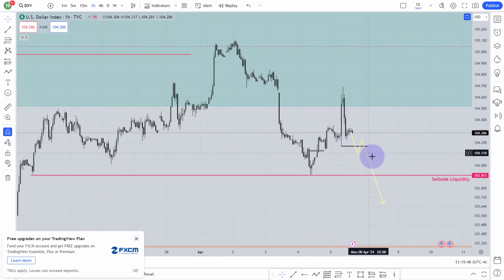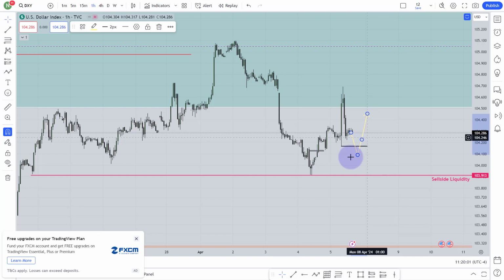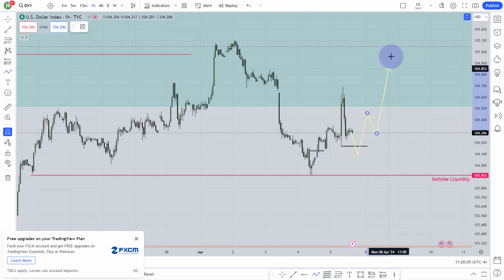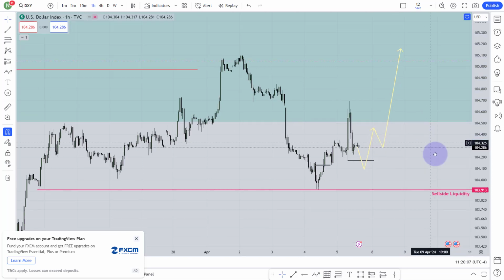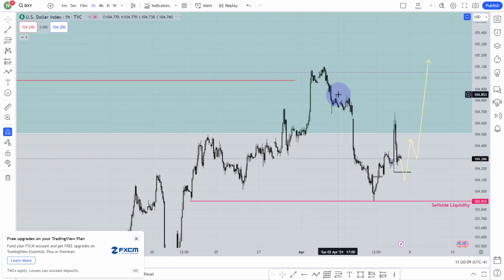Otherwise, if it just comes here below this low, relatively equal lows, this low and that low, they are relatively equal lows. So market actually came here, cleared that liquidity, then went higher, made another bullish fair value gap over there. So something like this, and then it will keep going higher until that buy side liquidity, or maybe there are relatively equal highs as well over here.